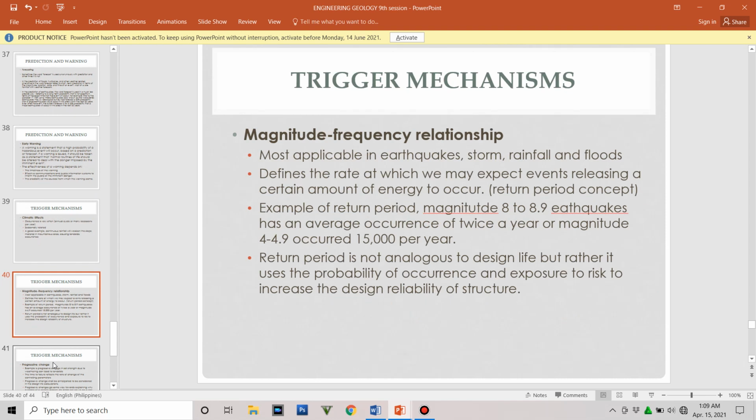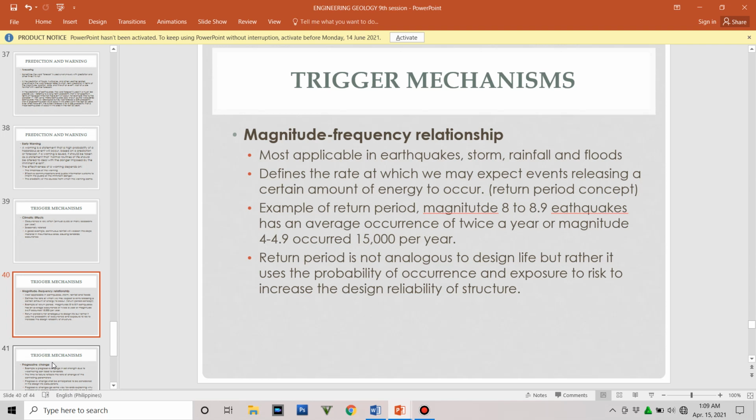So another trigger mechanism is the magnitude frequency relationship. Of course, kung malakas tapos laging nag-o-occur, there will be an implied vulnerability of the hazards that may occur.